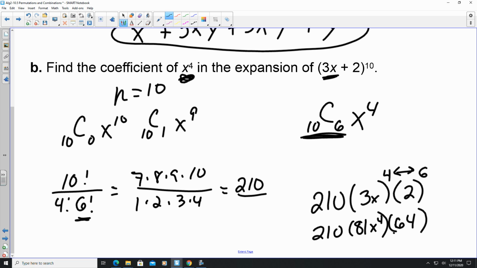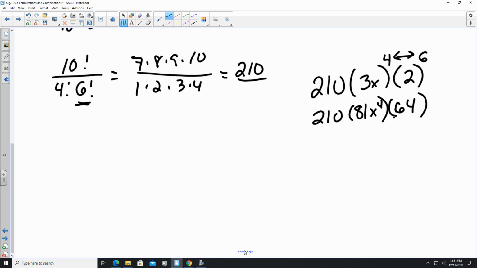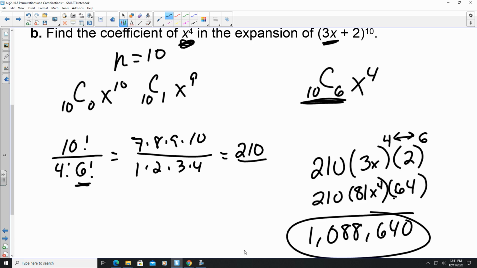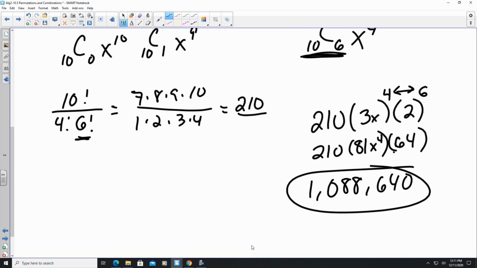So now I have to take 210 times 81 times 64, which gets me a coefficient of 1,088,640. So the coefficient of x to the 4th is 1,088,640.